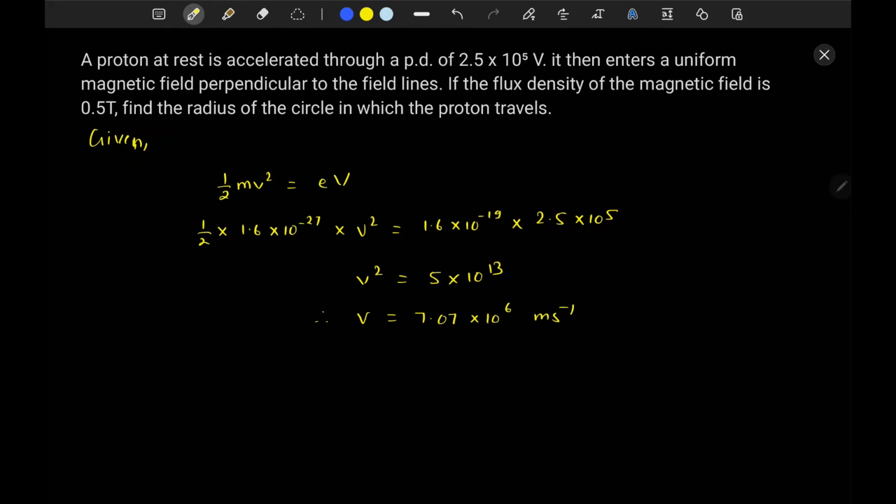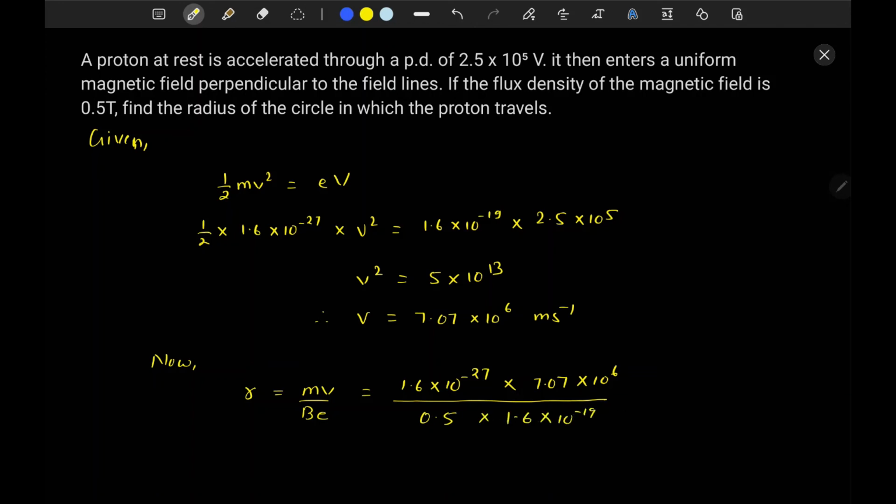Now this moving proton enters into the magnetic field perpendicularly, so the radius of the charged particle, proton, in the magnetic field is given by mv by Be, that is 1.6 into 10 power minus 27 into velocity 7.07 into 10 power 6, by applied magnetic field 0.5 Tesla and charge of the proton 1.6 into 10 power minus 19. This comes to be 0.1414 meter, which is the required answer.